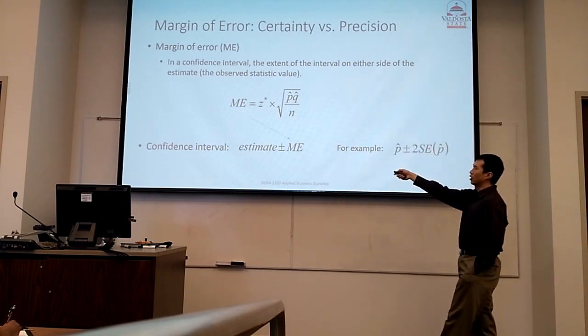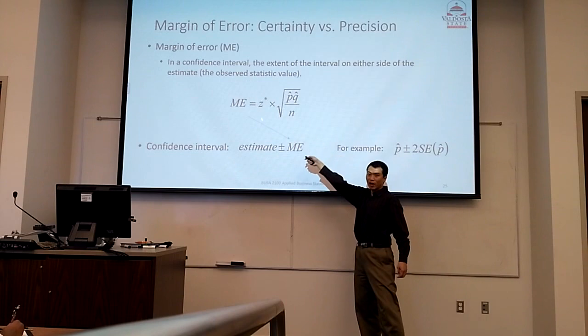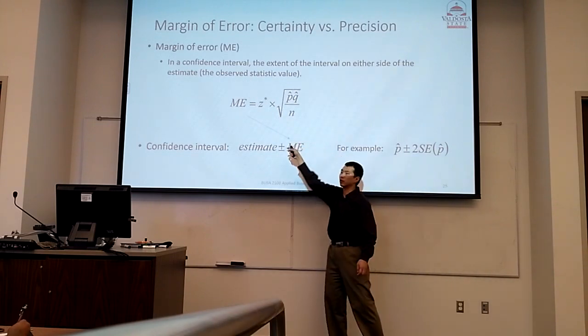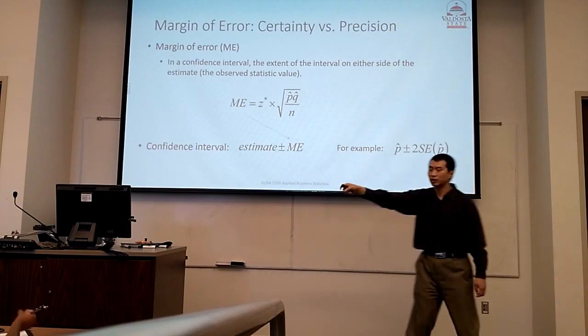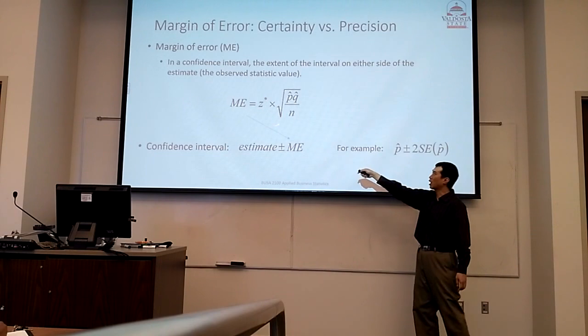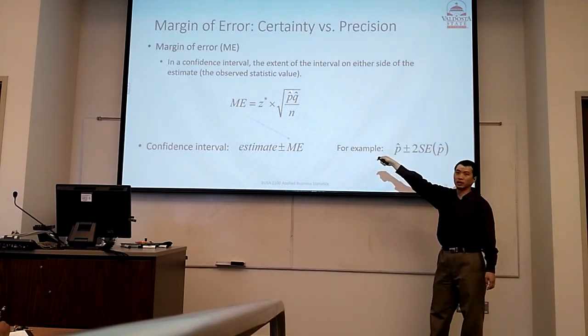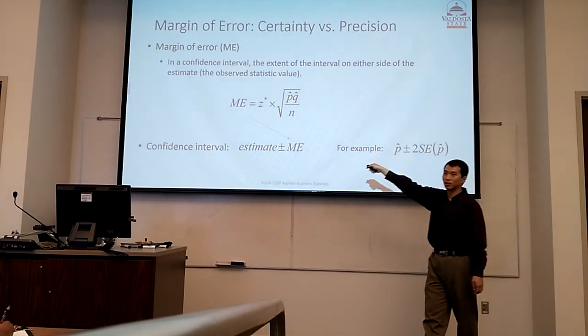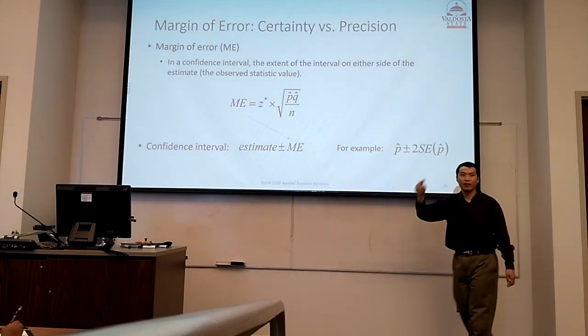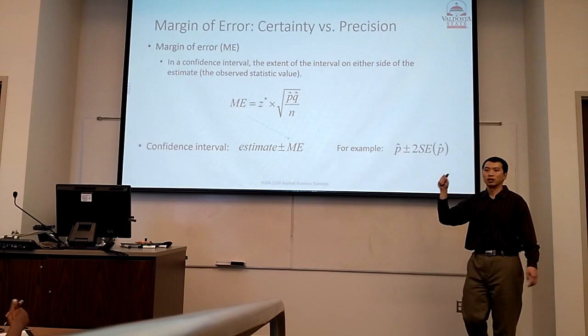The margin of error is equal to a critical value. This Z star is a critical value. I will talk about this Z star in the next slide. For now, let's just remember this is our critical value, times, we just learned this one, the standard error, right? So the margin of error is equal to the critical value times the standard error.